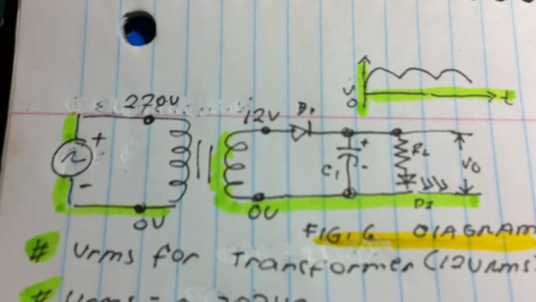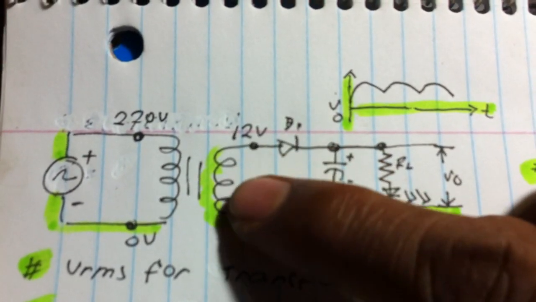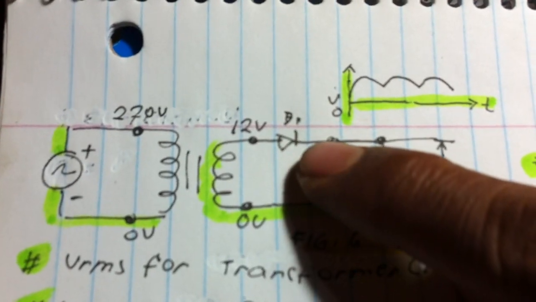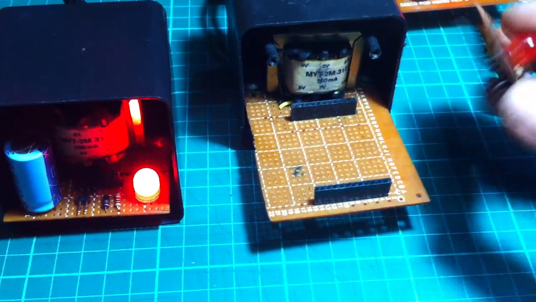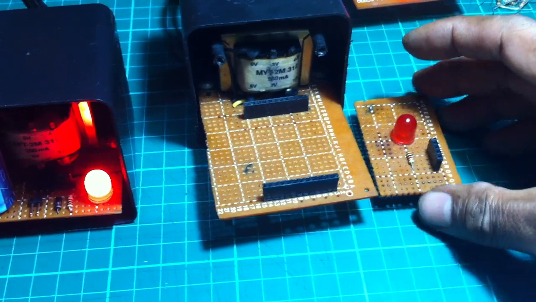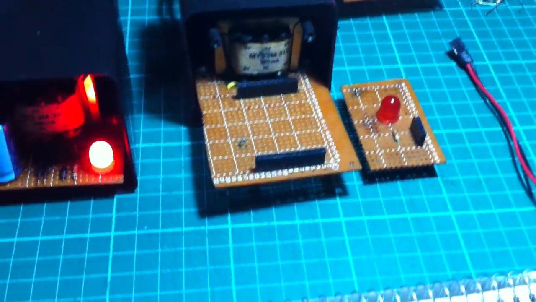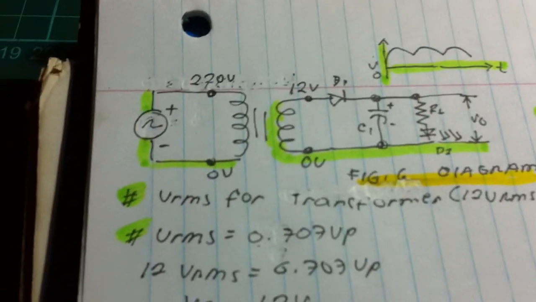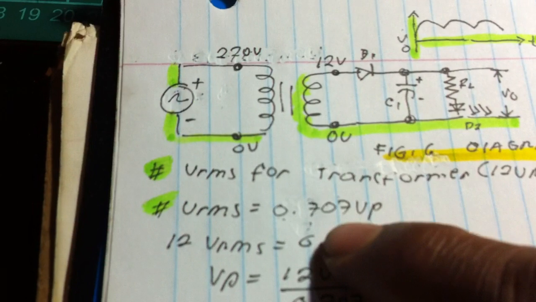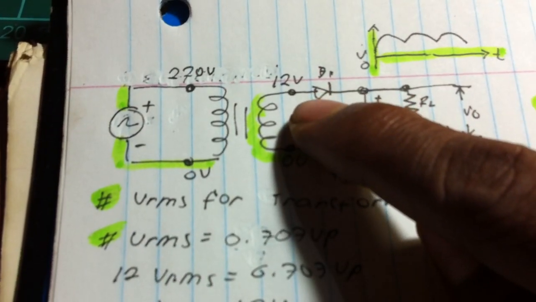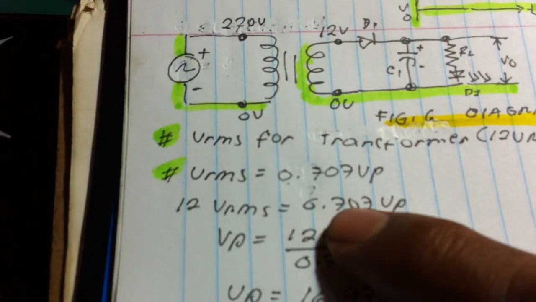So in 12 volts secondary windings, this is 12 volts VRMS, and we know, using our project in our last video, that it creates a pulsating LED light. So in here we have 12 volts VRMS. We're going to compute for the voltage peak by using this formula.